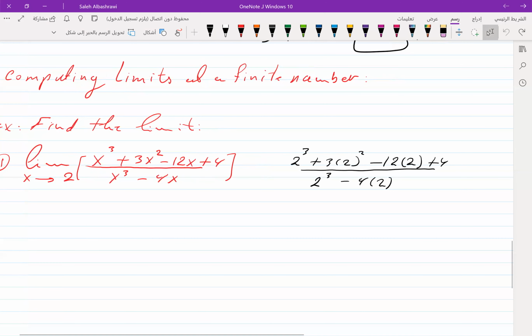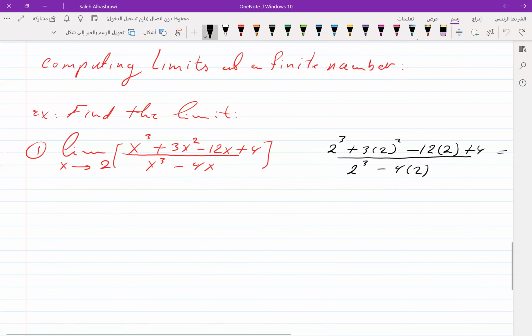And you will see that this will give me 0 for the numerator and 0 for the denominator. And if I have this indeterminate case, 0 over 0, we have to simplify it. So we need to simplify.